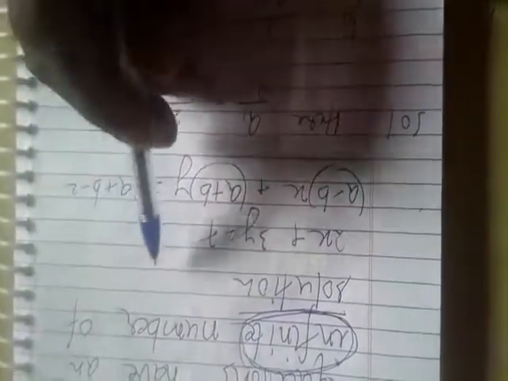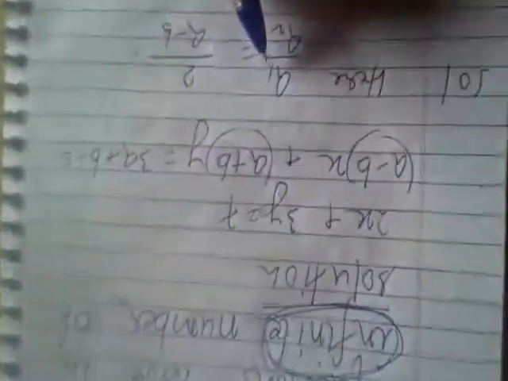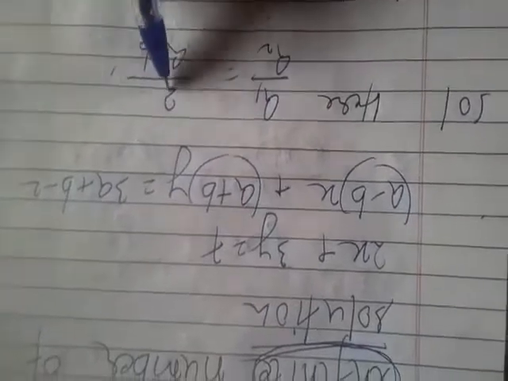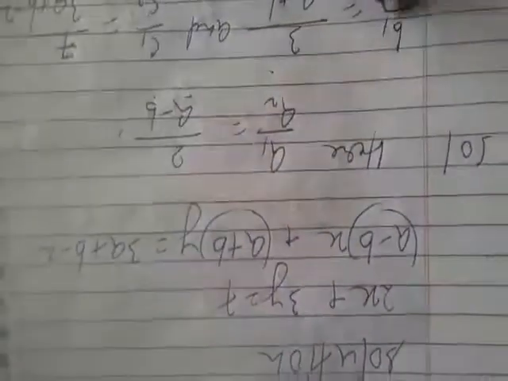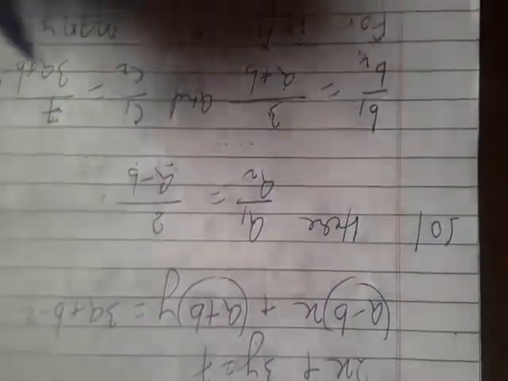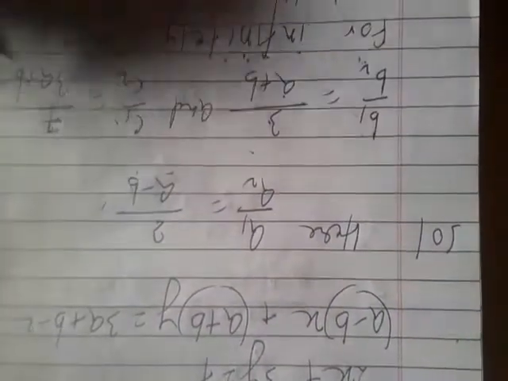So we will start by finding the ratio of a1 by a2, which is equal to 2 by a minus b, b1 by b2, that is equal to 3 by a plus b, and the ratio of c1 and c2 is 7 by 3a plus b minus 2.